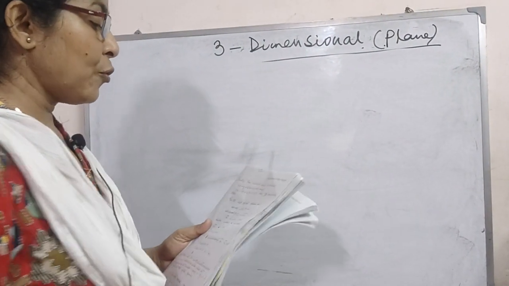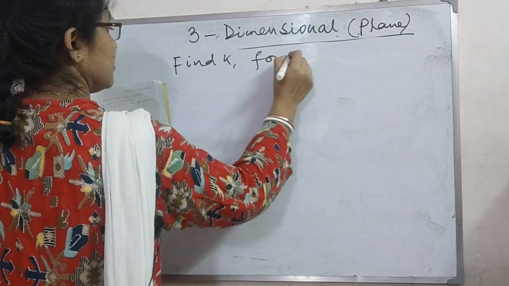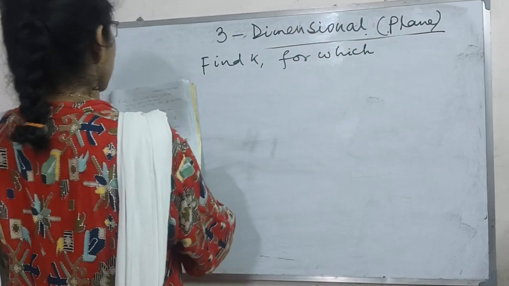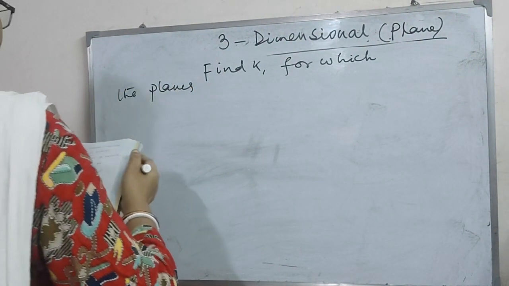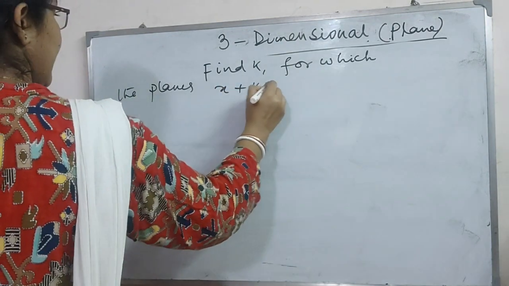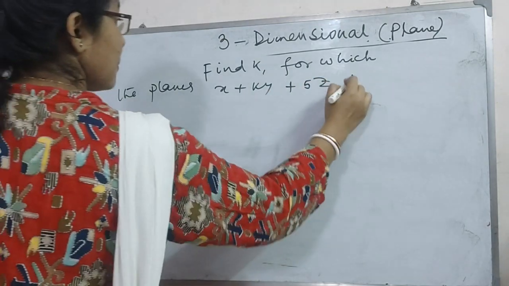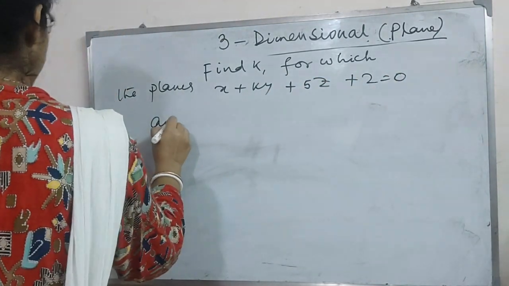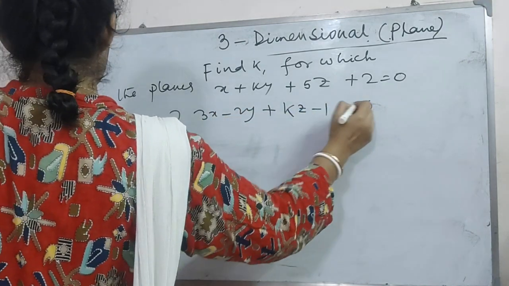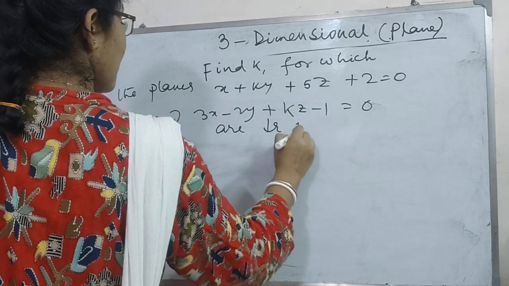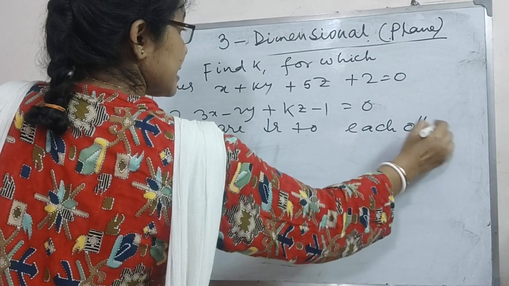Find k for which the planes x + ky + 5z + 2 = 0 and 3x - 2y + kz - 1 = 0 are perpendicular to each other.